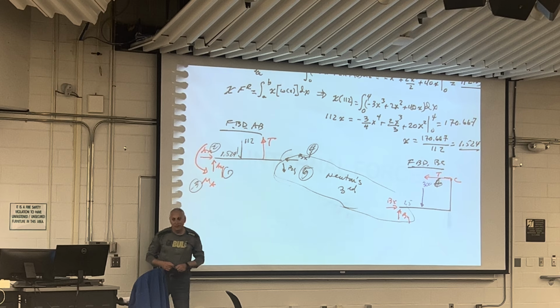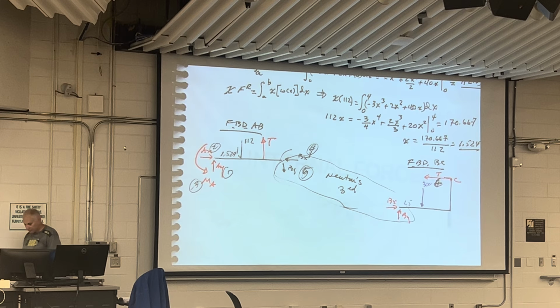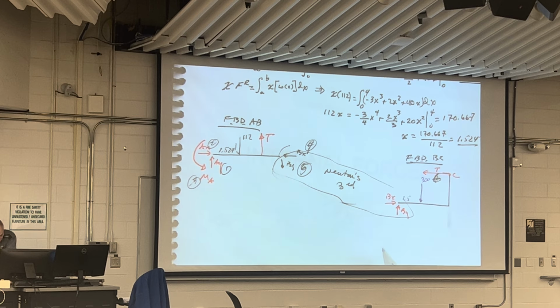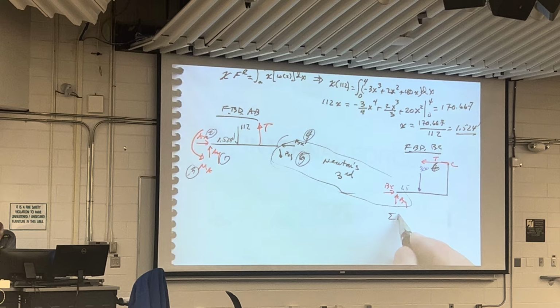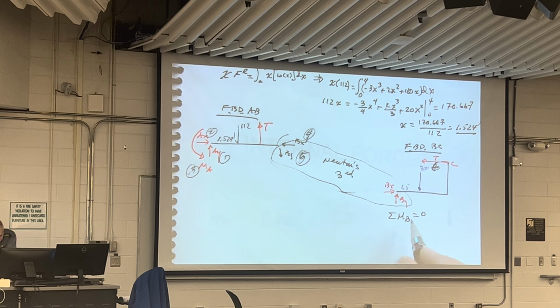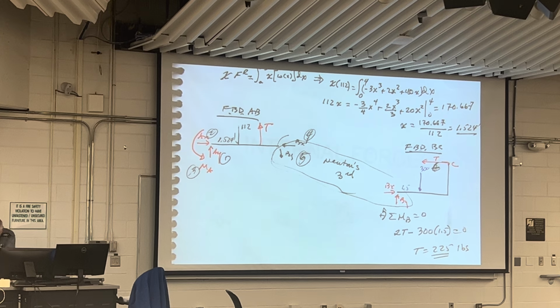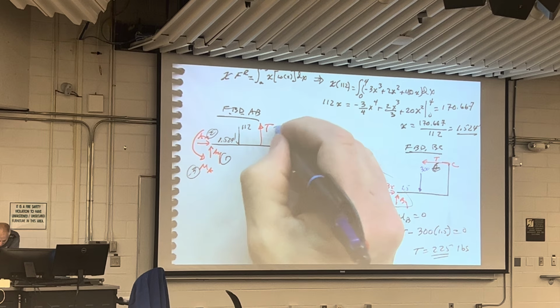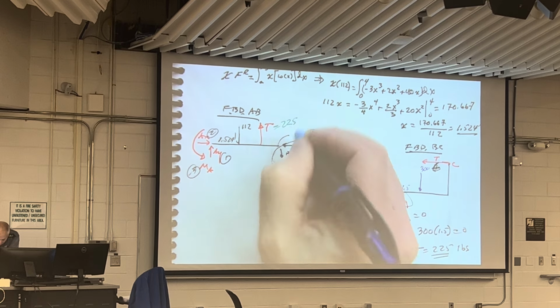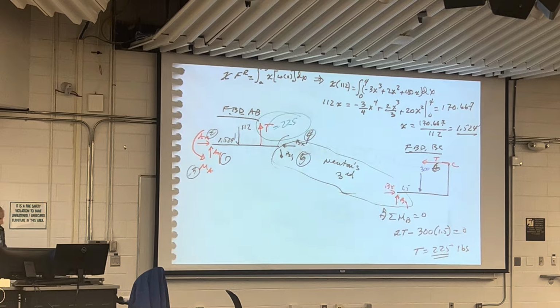AB or BC? Absolutely BC. So if I do a quick moment equation, sum of moments about B equals 0, counterclockwise positive, 2 times T minus 300 times 1.5 equals 0. T is 225 pounds, which means here I'm going to put 225 there.